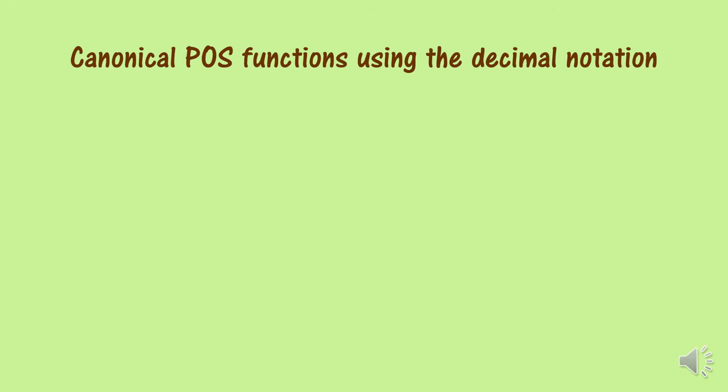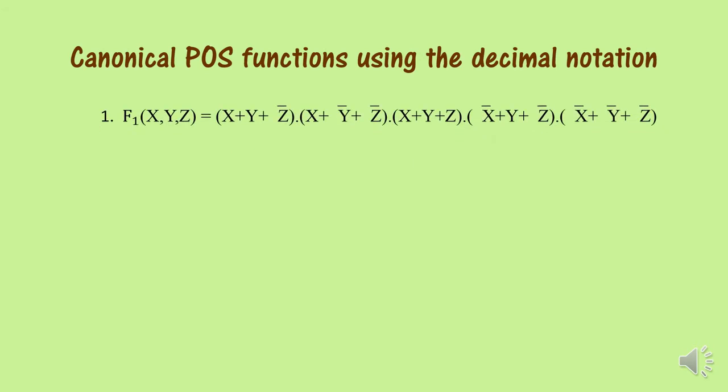What is canonical form? Expressing a Boolean function in sum of product or SOP form, or product of sum or POS form, is called canonical form. Our first example is F1, which is a function of XYZ, equal to (x plus y plus z bar) dot (x plus y bar plus z bar) dot (x plus y plus z) dot (x bar plus y plus z bar) dot (x bar plus y bar plus z bar).